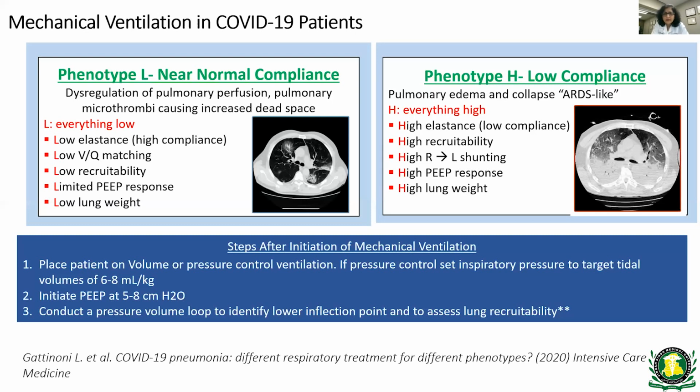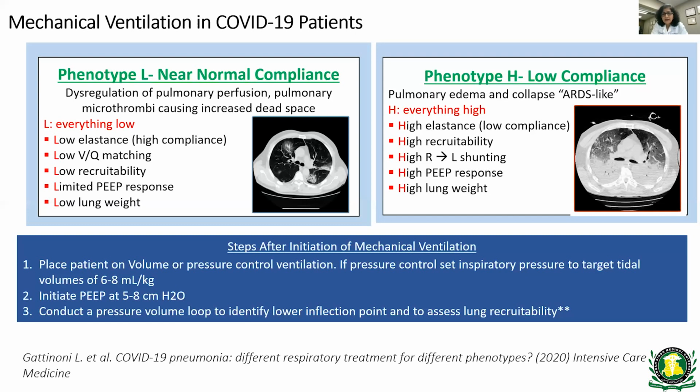So what we are recommending is the steps after you mechanically ventilate these patients. Initially, you don't know, are they the L phenotype or are they the H phenotype? But once you start mechanical ventilation, you may be able to tease them out. So initially, you put the patient either on volume or pressure control ventilation. The most important thing is do not exceed 8 mLs per kg.